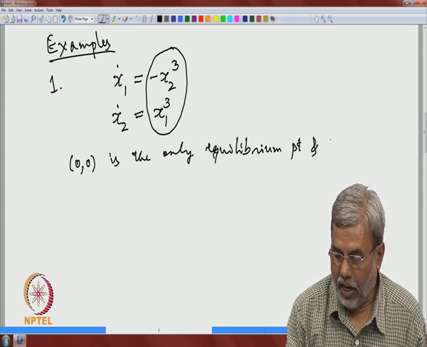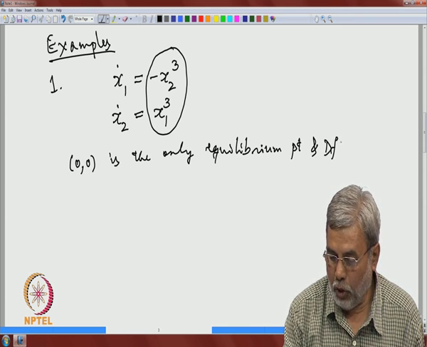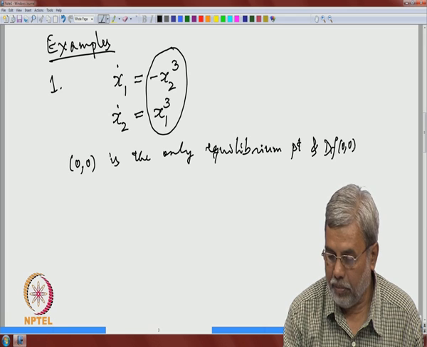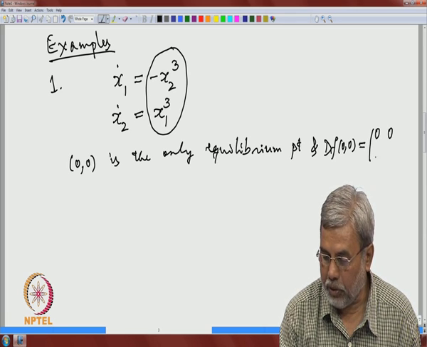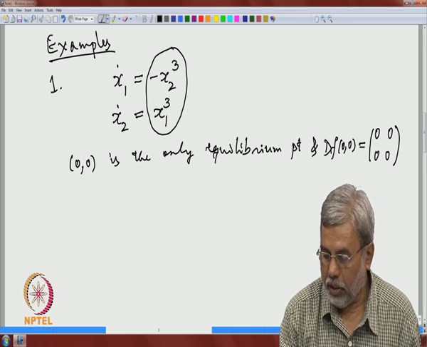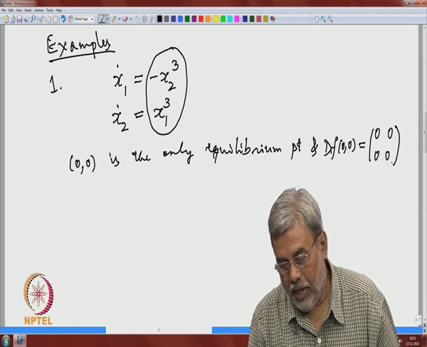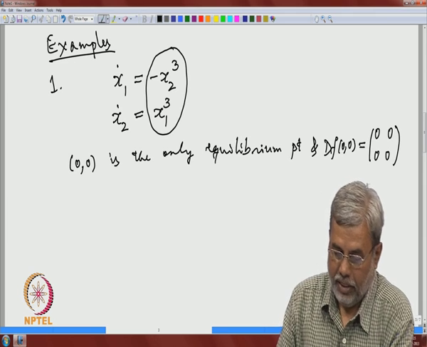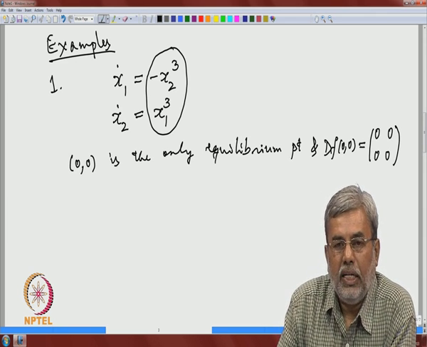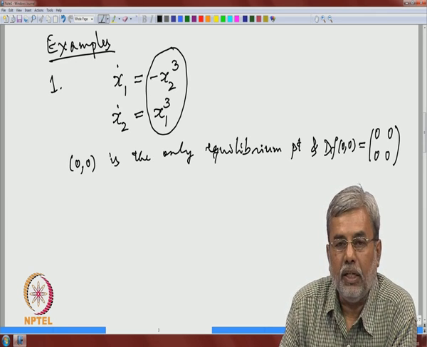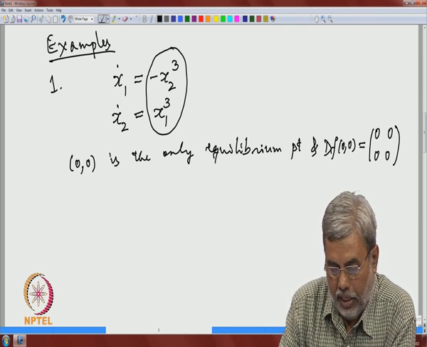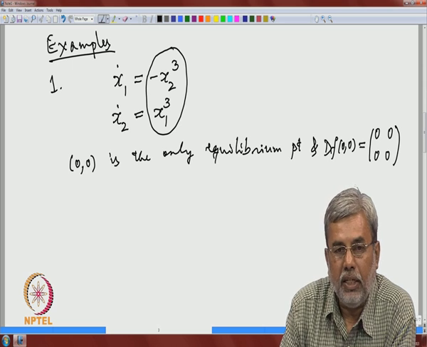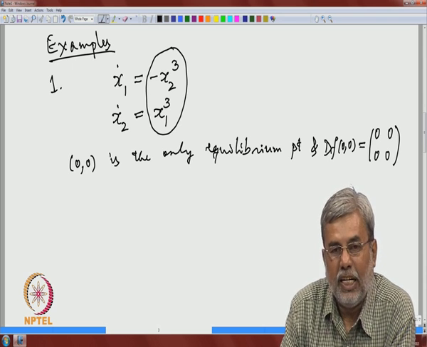If we calculate the Jacobian of this system at this critical point, it is just the 0 matrix. We have already seen in the study of linear systems that when the coefficient matrix is singular, that situation is described as a degenerate system.